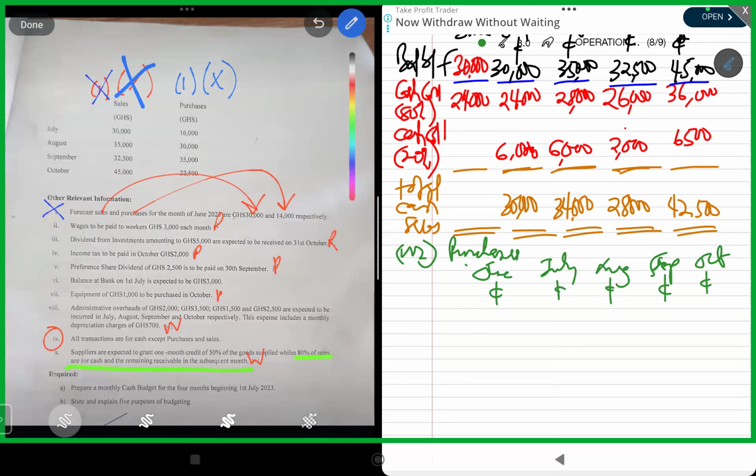We good? Then what do we first start with? Purchases, or balance brought forward. So balance brought forward. So the purchases, June figure, what is it? June is 14,000.